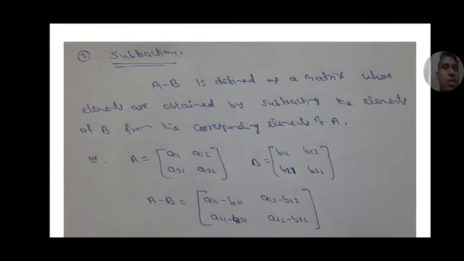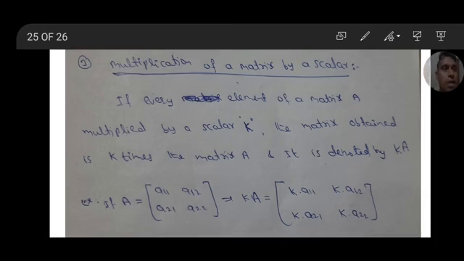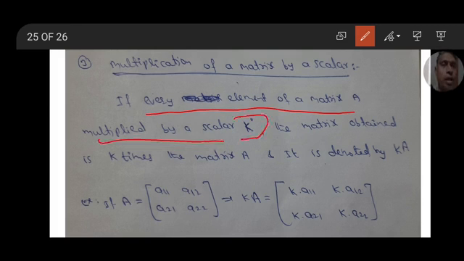Next, we have the last one, multiplication of a matrix by a scalar. If every element of a matrix A is multiplied by a scalar k, the matrix obtained is k times the matrix A, and it is denoted by kA.